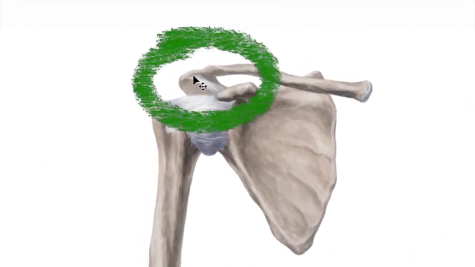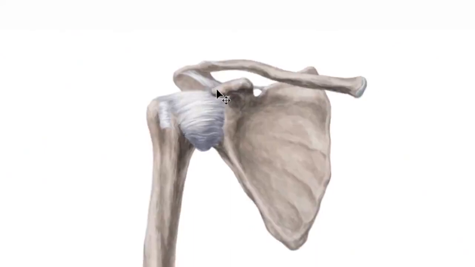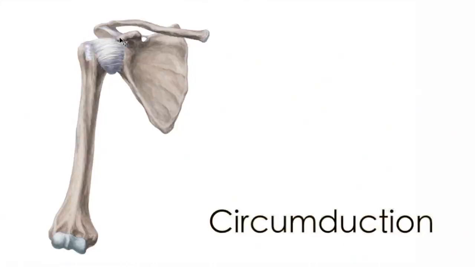So it's restricted by this ligament right here. The last movement that we're going to talk about is circumduction, and this is a combination of movements such as flexion, extension, abduction and adduction.